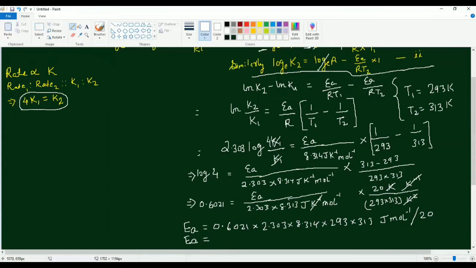If you calculate it with the values given, you will get the exact answer, which will be 52,863.33 joule per mole, or 5.3 if I write in scientific notation, into 10 to the power 4 joule per mole.